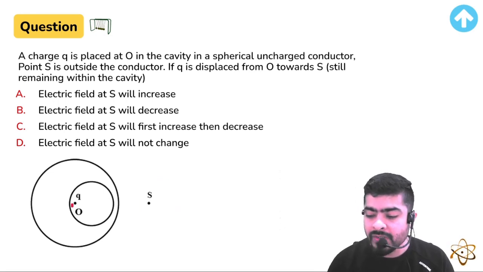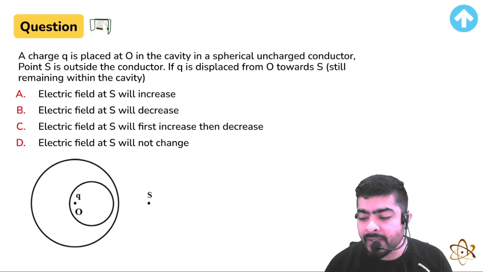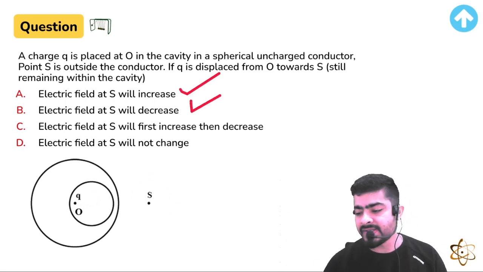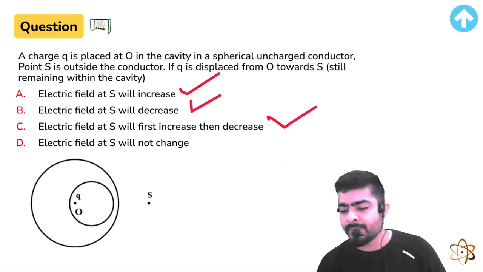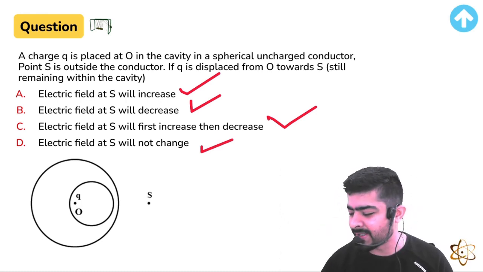Okay, q is moving towards the right. So what will happen at S? Electric field at S will increase. Electric field at S will decrease. Electric field at S will first increase then decrease, or the field will not change. What do you think? Tell me.